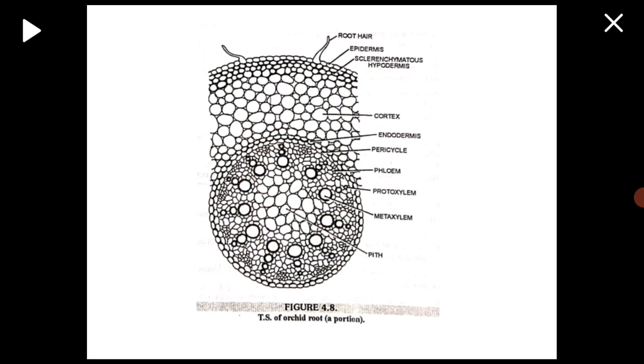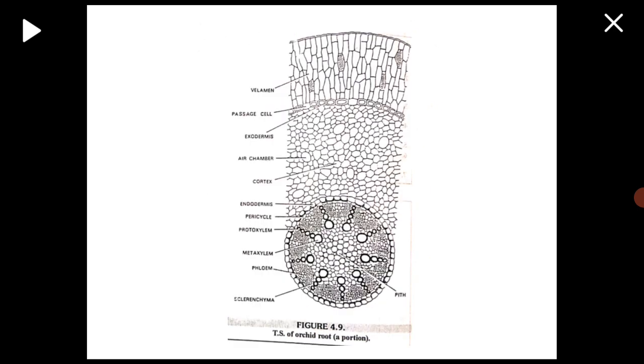In old root, a few outer layers of cortex become thick walled due to deposition of suberin. The zone is called the exodermis, and acts as protective layer where the epiblema is disorganized.